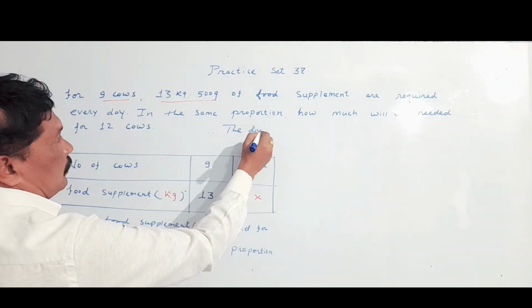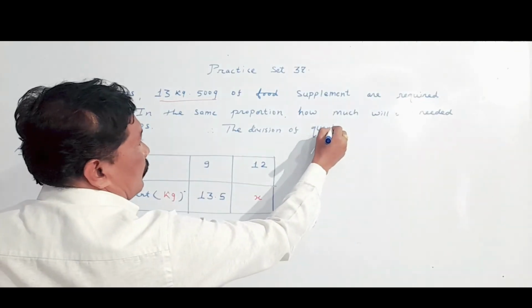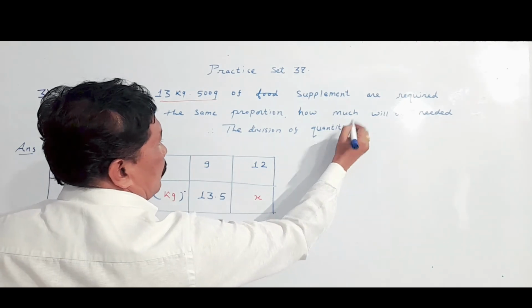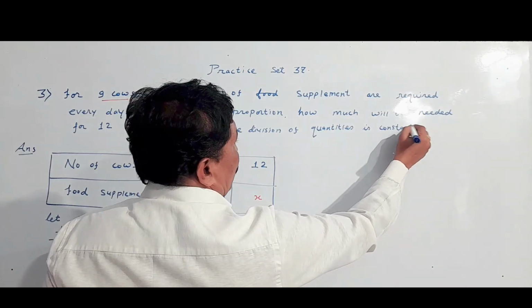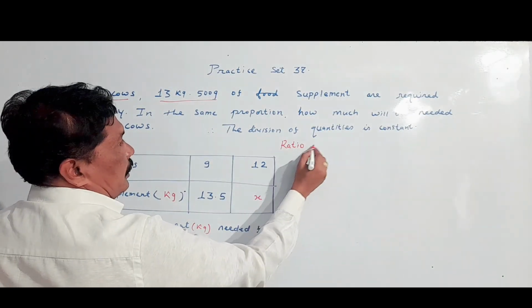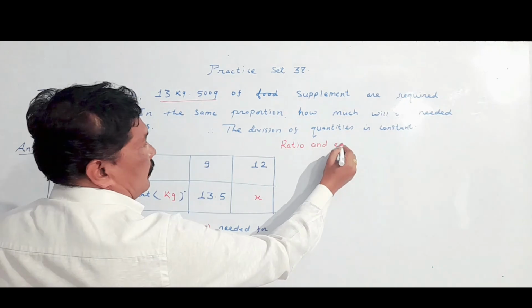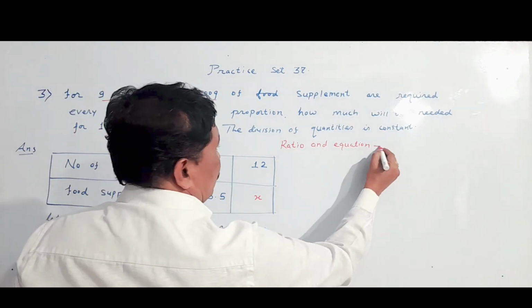the division of quantities is constant. We'll write ratio and equation.